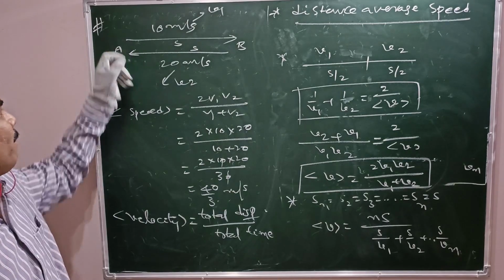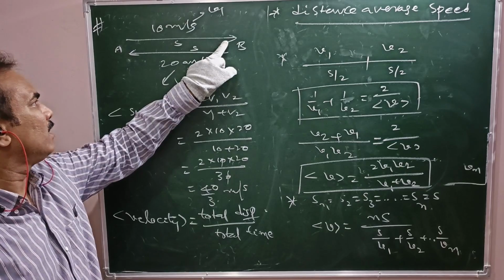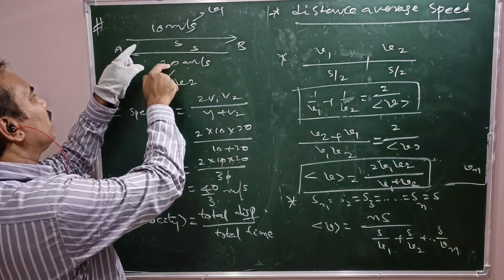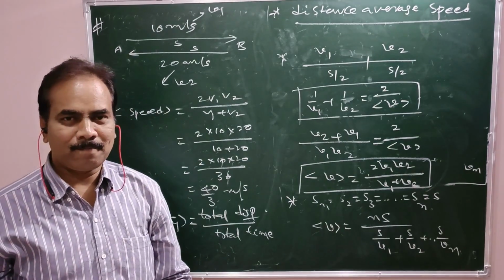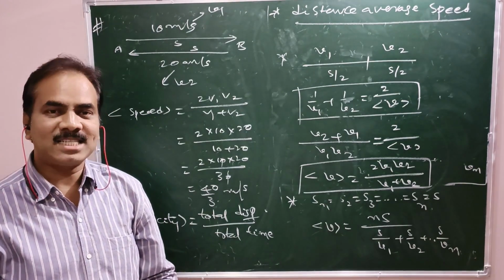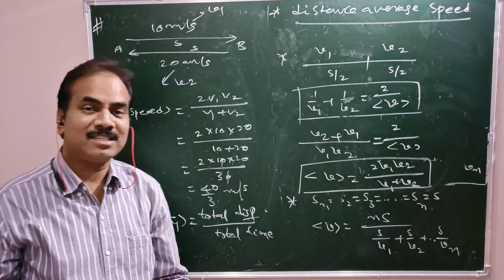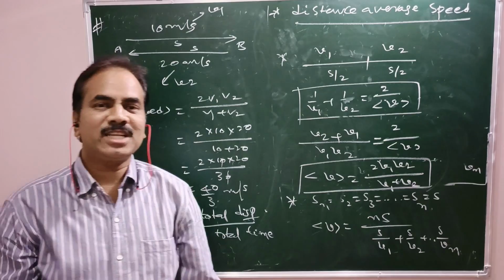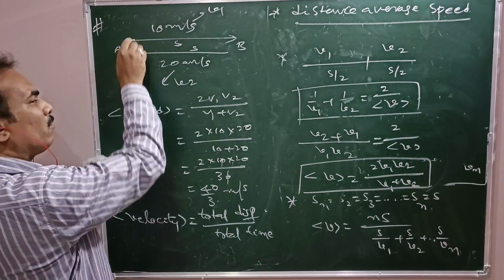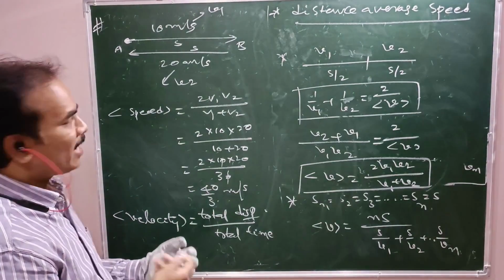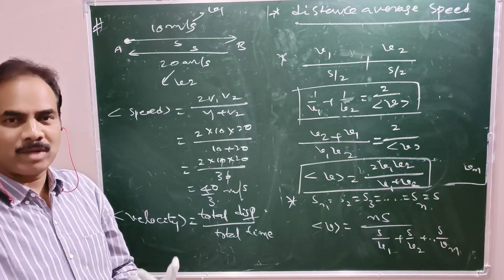Why? Because particle goes from A to B along this line and again comes back to A from B. So A itself initial and final position. Therefore, there is no gap between A and A. So what is the displacement? Displacement in the sense a line segment drawn from initial position to final position. See, A is the initial, A itself final. So we can't draw a line segment from A to A, right?